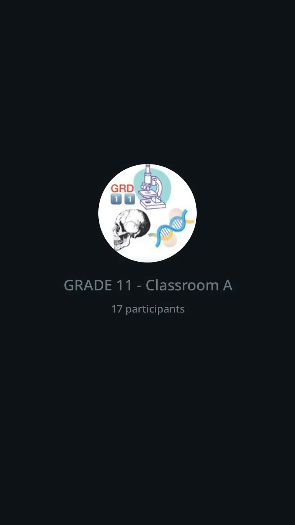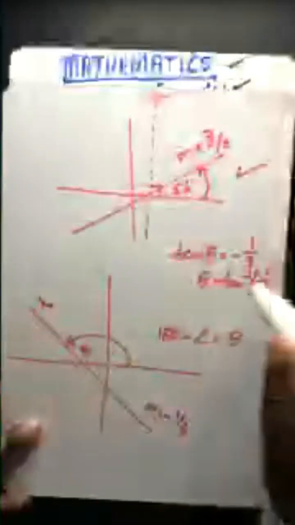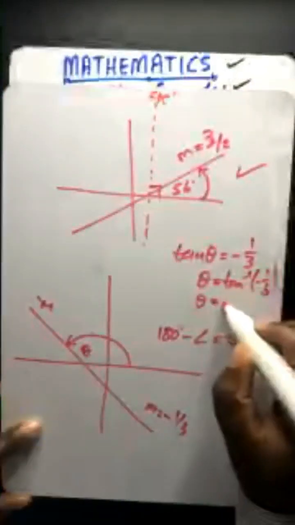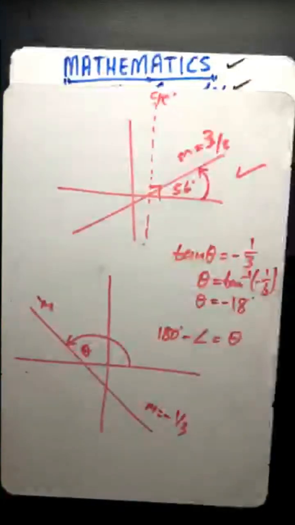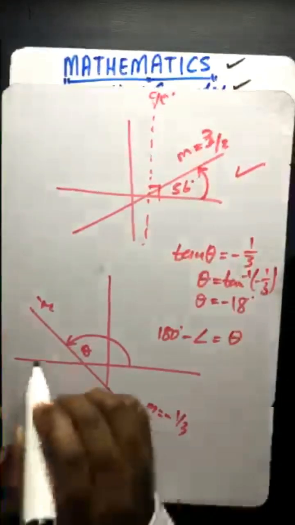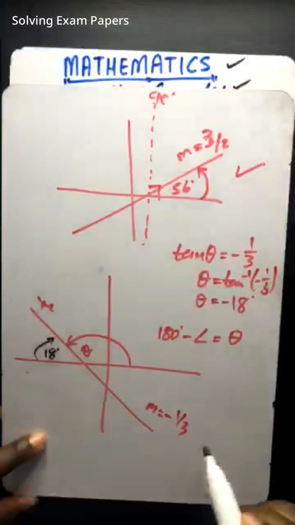Second function of tan, -1 divided by 3, I'm getting -18. So can you see you are getting -18 degrees. That angle is not an angle of inclination, but it is this angle in that clockwise direction.